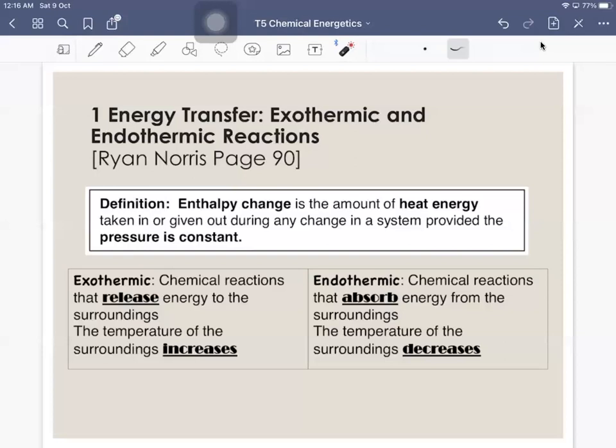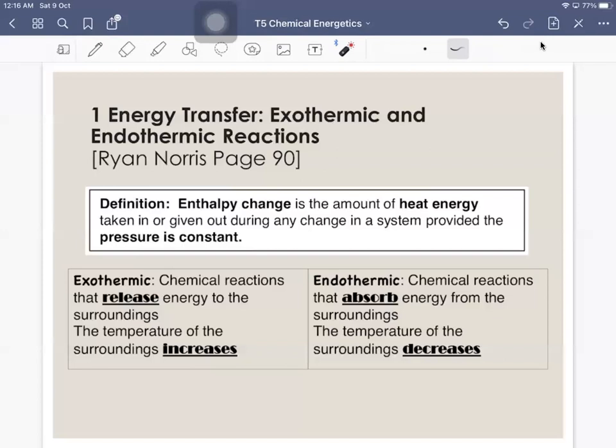So sometimes when you do practical for qualitative analysis in question 3, you would notice that the test tube is getting warmer. That means it is an exothermic reaction. So whenever there's an increase in temperature, heat is being released into the surroundings, and that means it is an exothermic reaction.